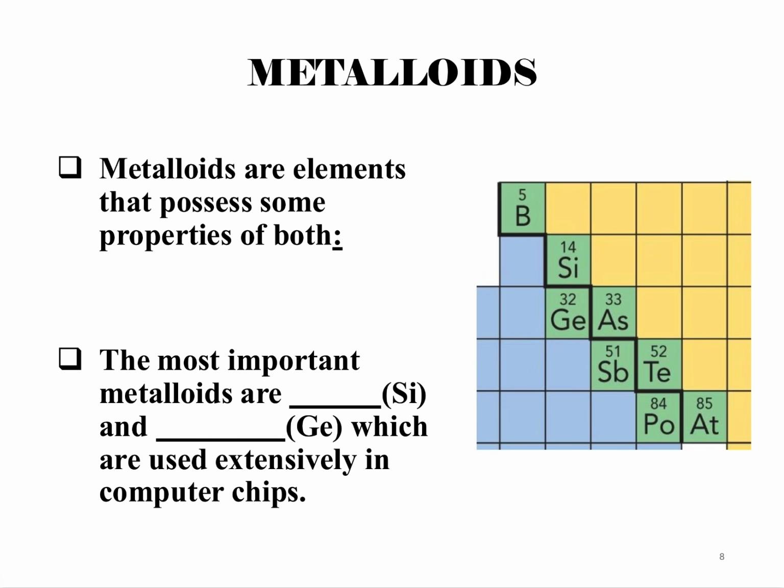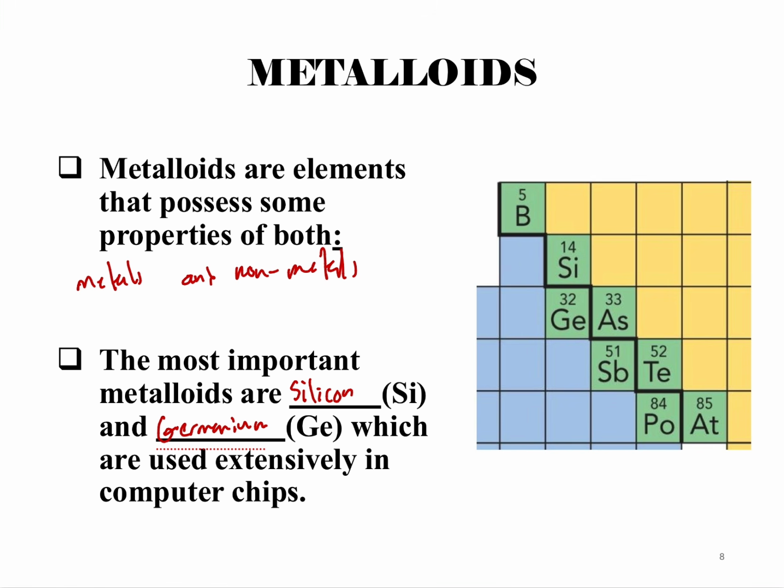And then metalloids are going to have both properties of metals and nonmetals, right? And so these are interesting elements, and two of the most important ones are going to be silicon and germanium. And the reason that they're interesting is because they have properties of nonmetals, where they can be somewhat insulating in terms of electrical conductivity, but then they can sometimes be conductive.